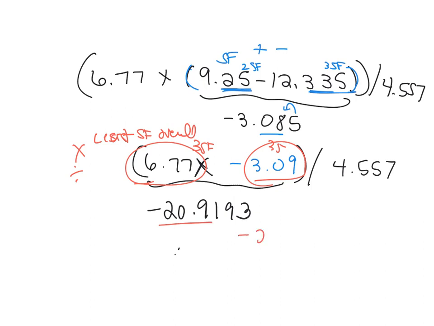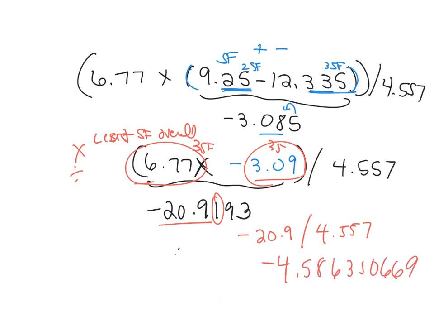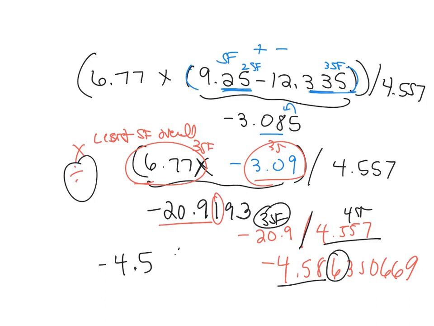So this needs to be -20.9, because the 1 will leave it the same, divided by 4.557. So -20.9 divided by 4.557, I get -4.5863506669. And then since this is division, I'm going to do 3 significant figures versus 4 significant figures. 3 is the least number overall, and that's going to round to -4.59.